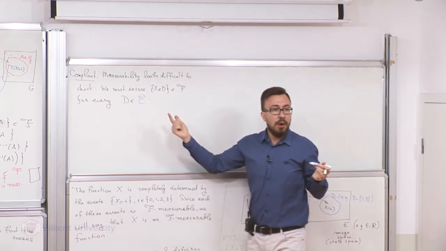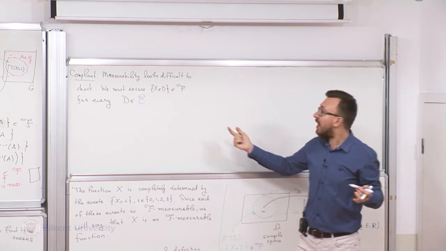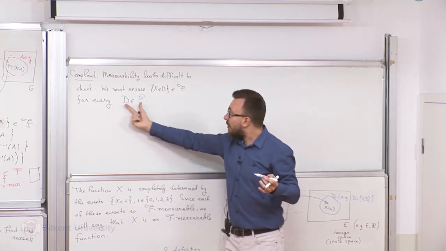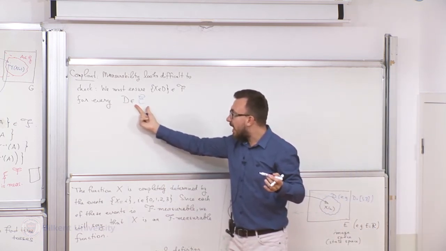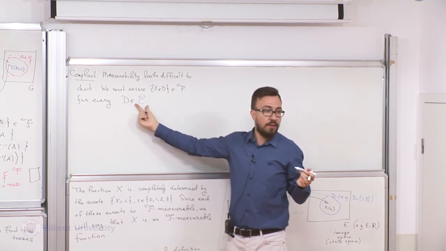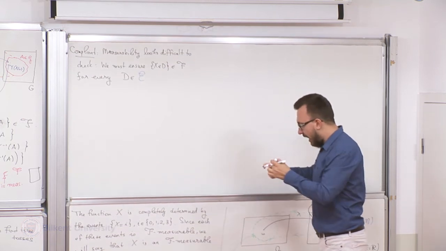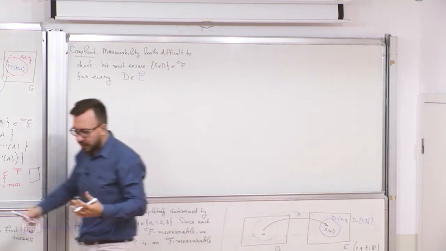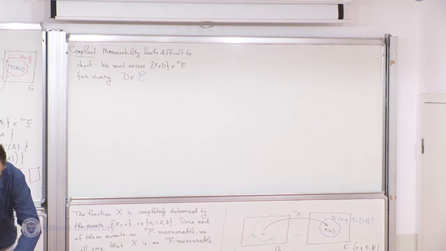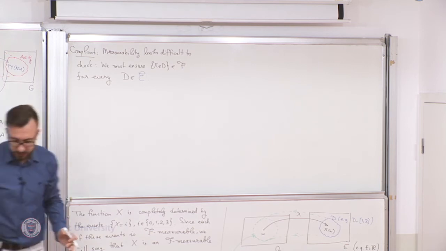For instance, would it be enough to check this condition not for every set in the Borel sigma algebra, but maybe just for intervals? So this is going to be the next question that we're going to answer. And luckily, the answer will be yes, so that we will need to make fewer checks.